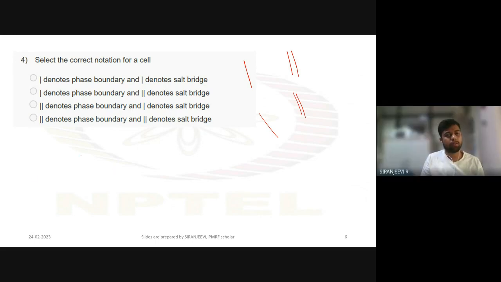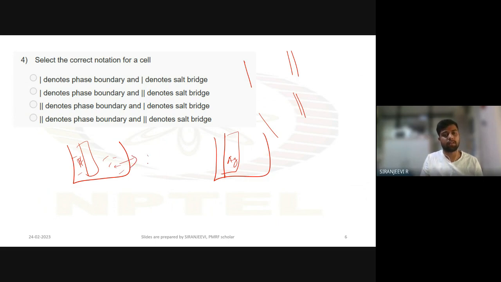Okay. So suppose I give you this one: there is platinum here, and then here it is silver, and both are in solution. Suppose we keep it as an example: it is in the platinum chloride solution, and this is an AgCl solution. How will you give the representation for this if you wanted to use these lines?